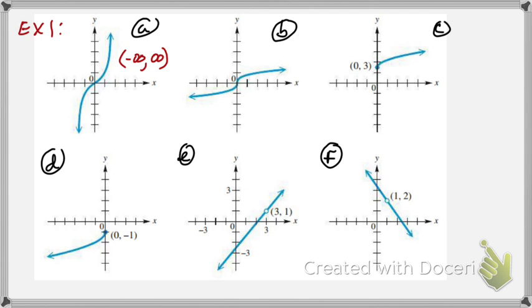Look at B. What's the domain? From negative infinity to positive infinity. Is it continuous over that whole domain? It looks like it. So I'd say it's continuous over its whole domain. How about C?